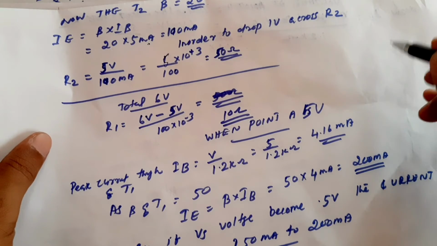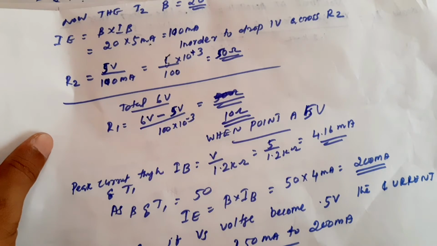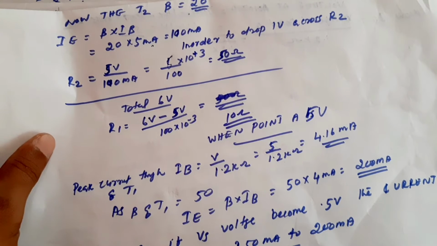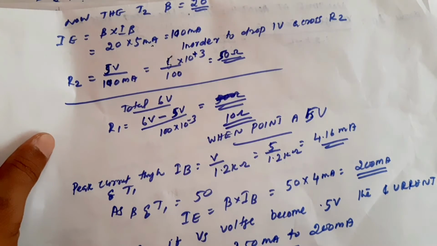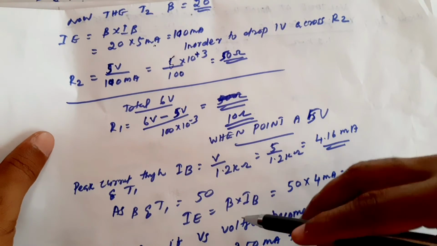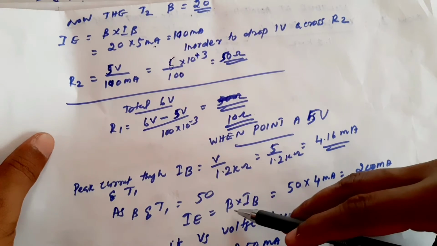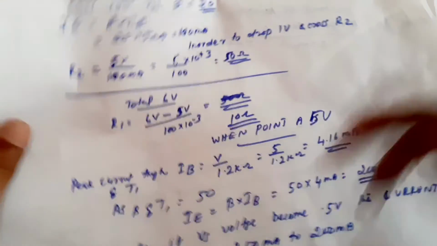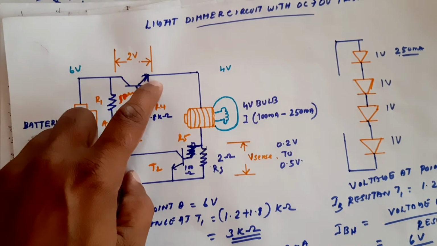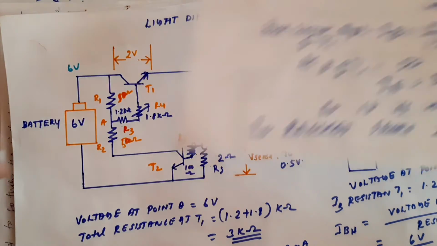Earlier, a 5 milliampere base current into a beta of 50 provided 250 milliampere. Now the base current is 4 milliampere and the beta is 50, so 4 into 50 is 200 milliampere.